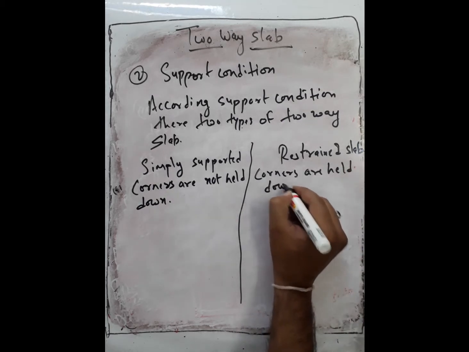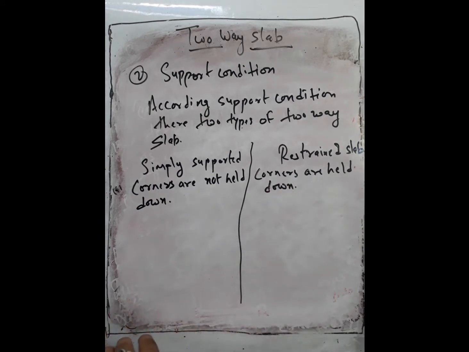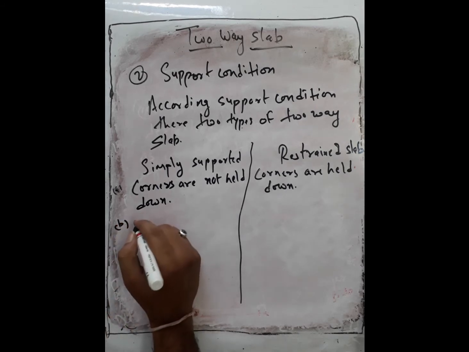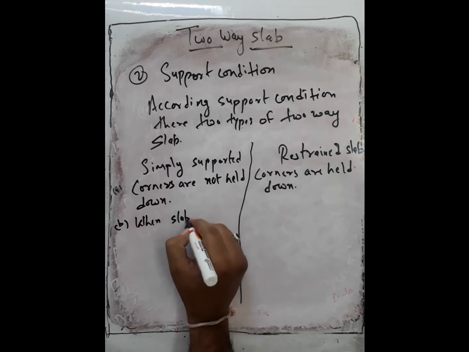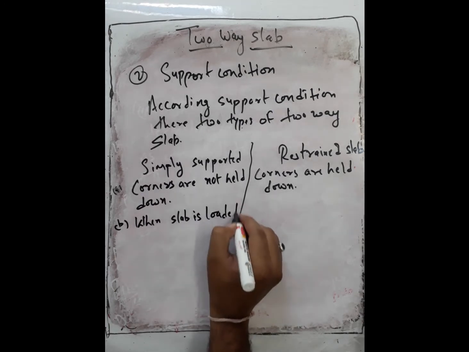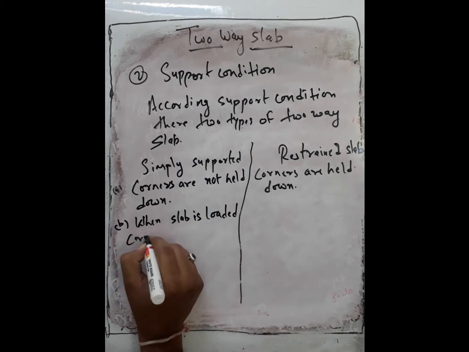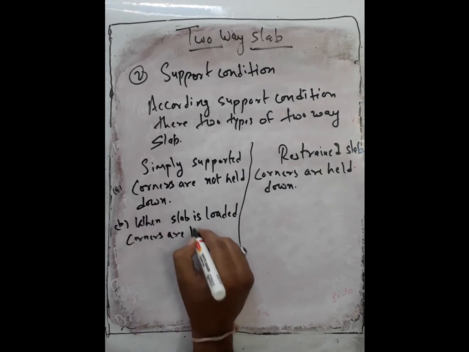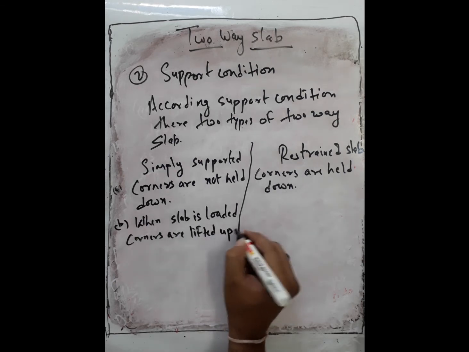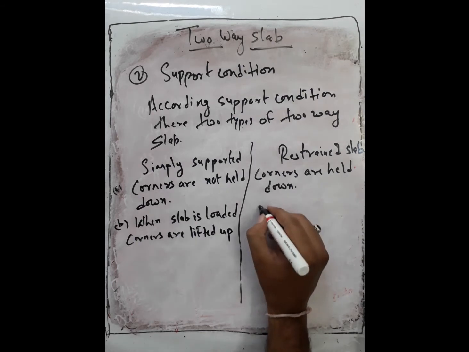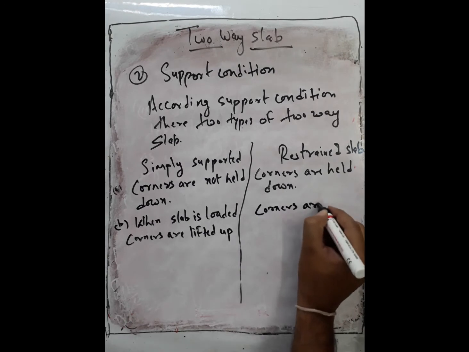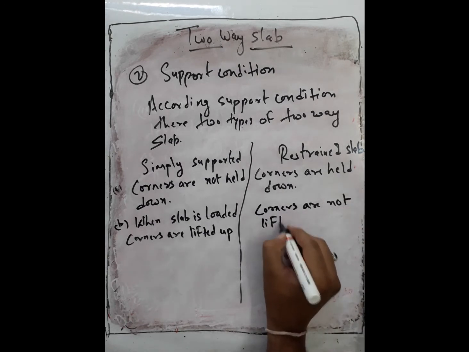Means when we applied load on slab, then corners are fixed in restrained slab. Second one, when slab is loaded, corners are lifted up. Here corners are not lifted up.